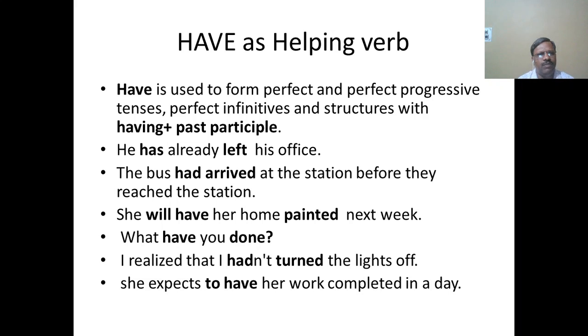We have to note one more important thing in this sentence. The subject he is third person singular. Third person singular ಆಗಿರೋದ್ರಿಂದ since the sentence is in present perfect tense, have ಅನ್ನೋದು ಥರ್ಡ್ ಪರ್ಸನ್ ಸಿಂಗ್ಯುಲರ್ ಸಬ್ಜೆಕ್ಟ್ ಇರೋದ್ರಿಂದ ಇಟ್ ಬಿಕಮ್ಸ್ ಹ್ಯಾಸ್.